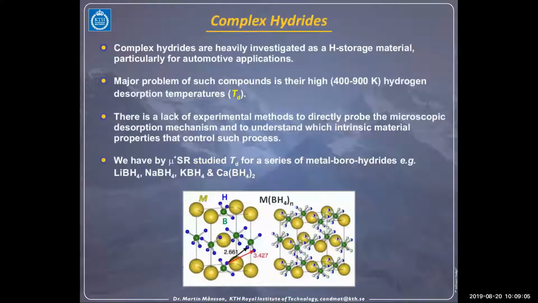So complex hydrides are heavily researched for being such materials. Major problem, as I say, the desorption temperature is quite high. So there is clearly a lack of experimental methods to study these material properties, as I said before. And we did some study on a range of these materials by muon, metal borohydrides.